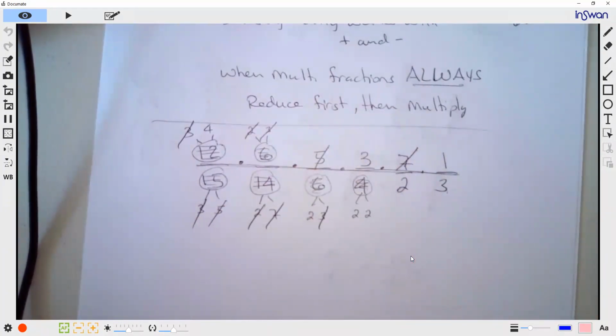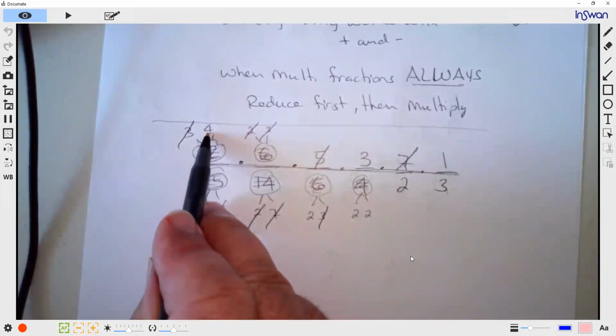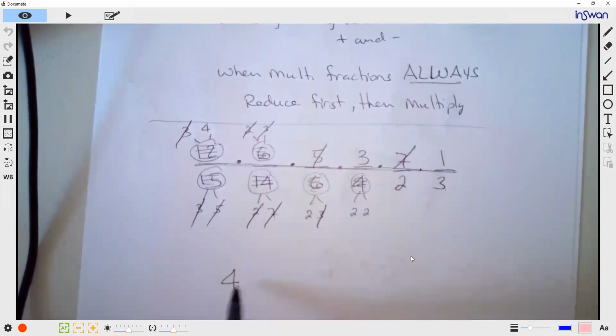I think that's it. Are you sure? I mean, there's a 4 and a 2 left, but there's no 4 on the top though. It's just 3 and 1. Okay, there's a 4 there. So on top we have 4 times 3.